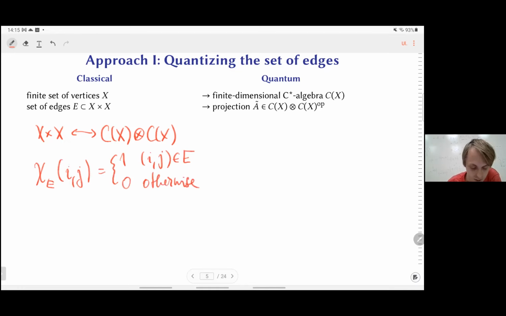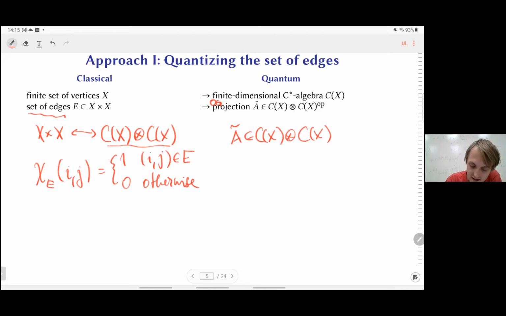And as you probably know, characteristic functions of sets are exactly the orthogonal projections in this C-star algebra. So a set of edges is quantized by taking an orthogonal projection in, okay, I wanted actually to write it like this. Yeah, so that's the idea.